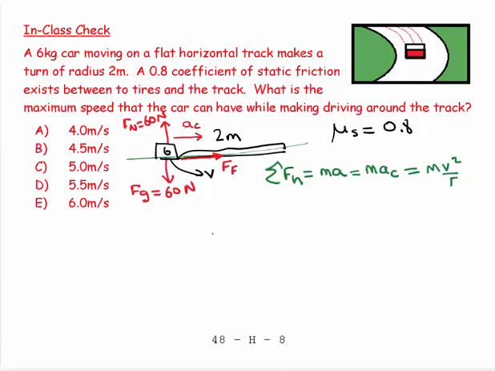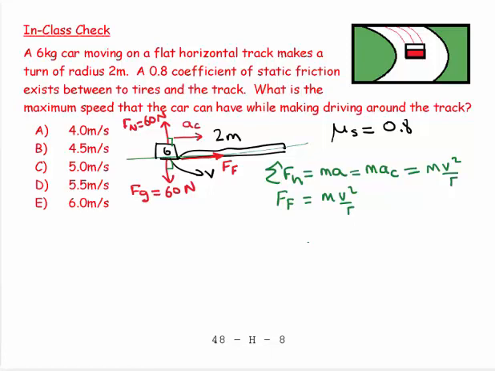Now I look at my diagram, and again, this weight is perpendicular to the direction of applying Newton's laws, so I can ignore it. It's got no component horizontally, and this normal force is perpendicular to the direction I'm applying Newton's laws, so I can ignore that because it has no component. And so the only force I have is this Ff, which is pointing to the right. So I can say Ff is equal to my mass times v squared over r.